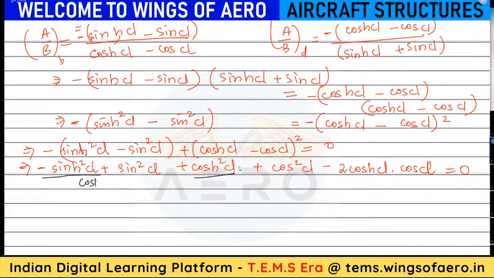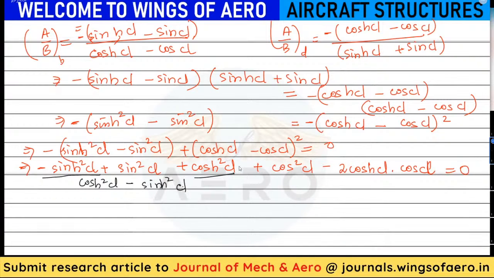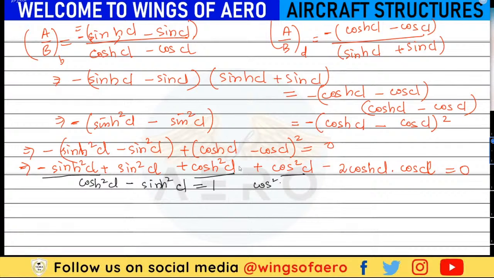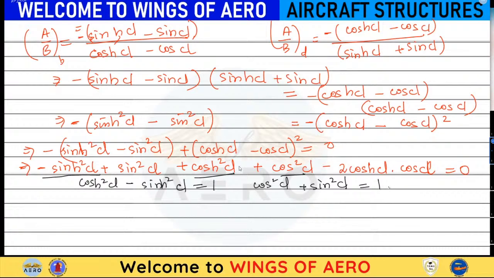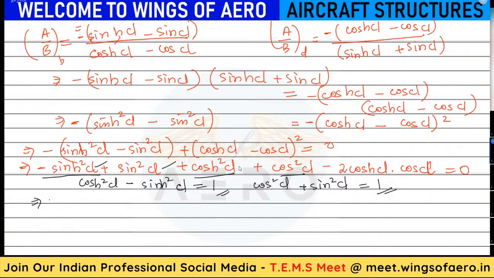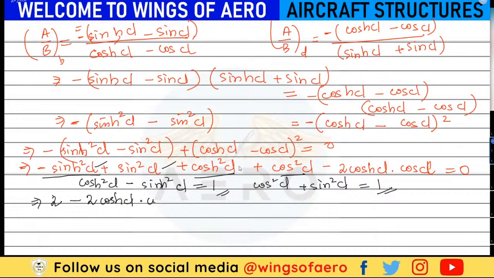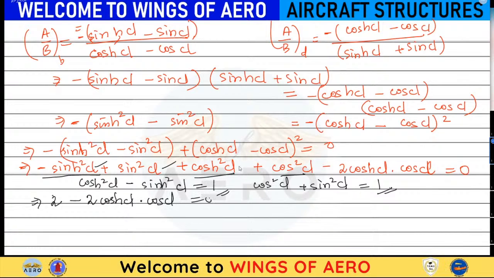So cosh square CL minus sinh square CL equals 1. Here we have cos square CL plus sin square CL equals 1, right? So 1 plus 1, 2, minus 2, this is the remaining term, cosh CL into cos CL equal to 0, right?